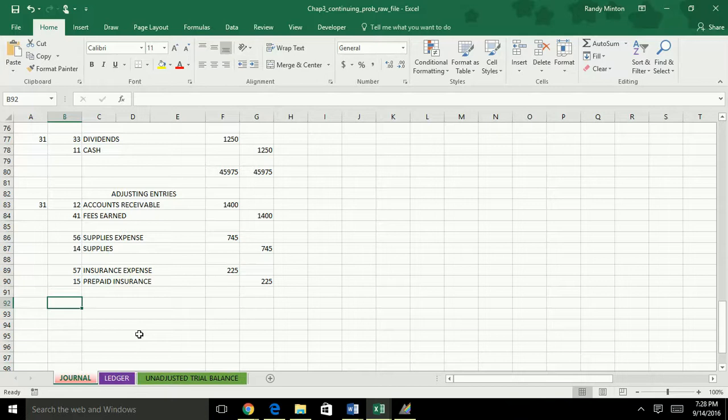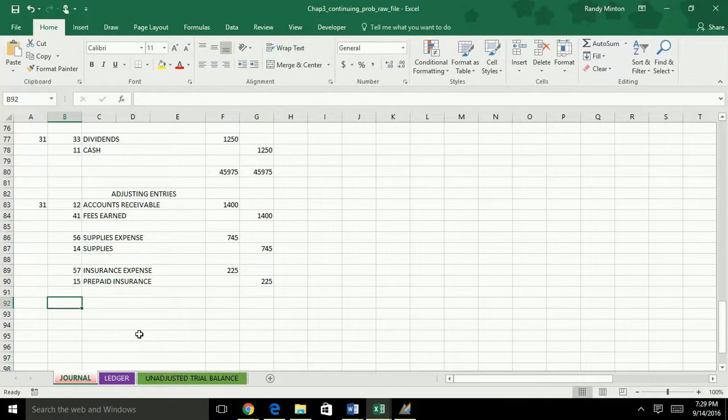D, depreciation on the office equipment is $50. Now, they didn't make us actually do the calculation here. They could have made you do a calculation, but they didn't. All they said to do was to go through and make an entry to reflect the fact that some of the asset is being used up.